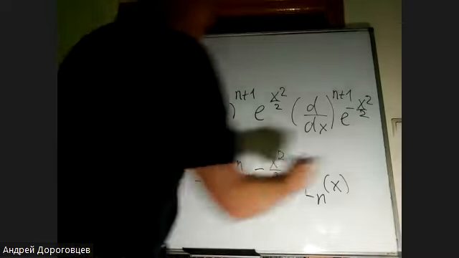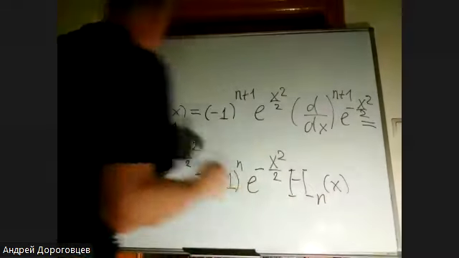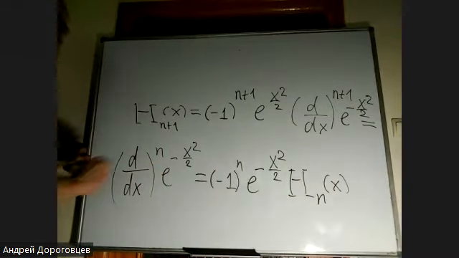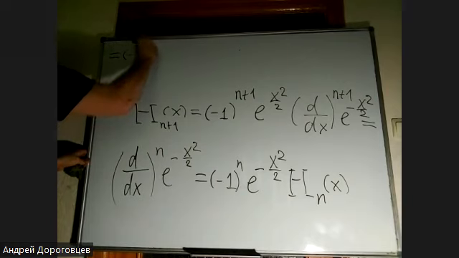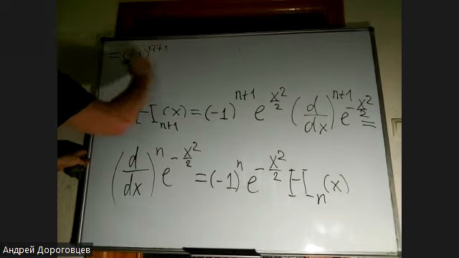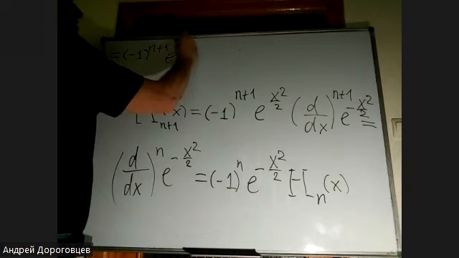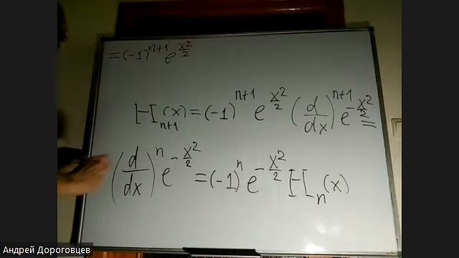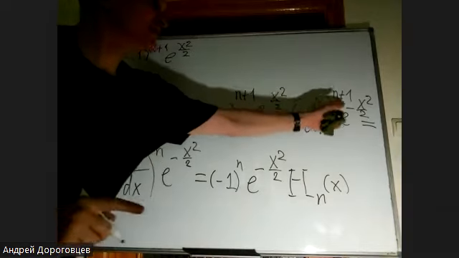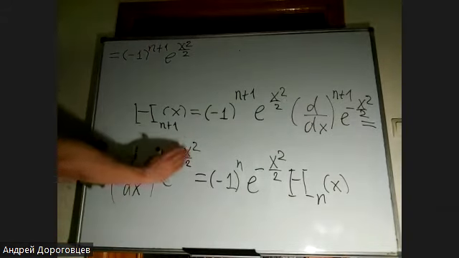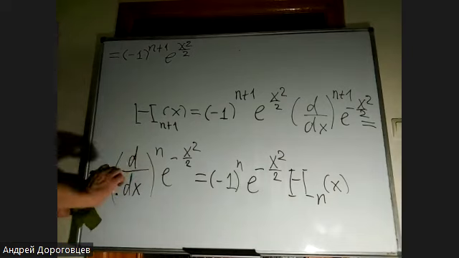So I continue the calculation of this H_{n+1}. I will get this expression: (-1)^{n+1} e^{x²/2}. Then here there are n+1 terms, but I know what is n.